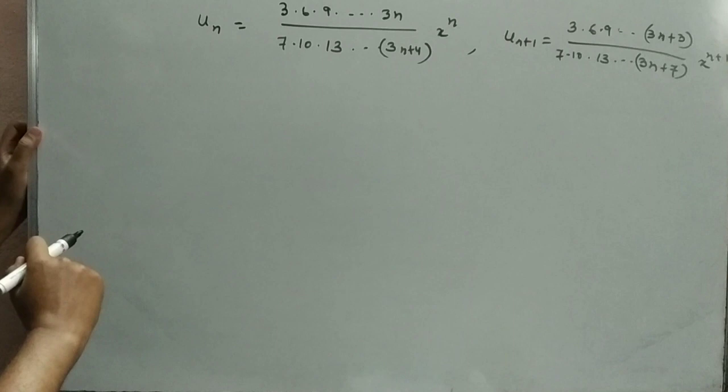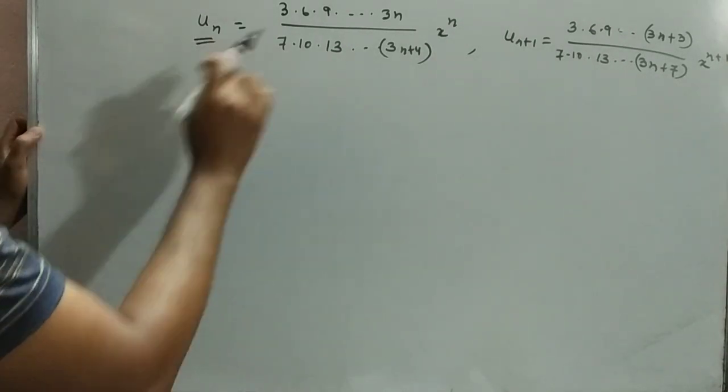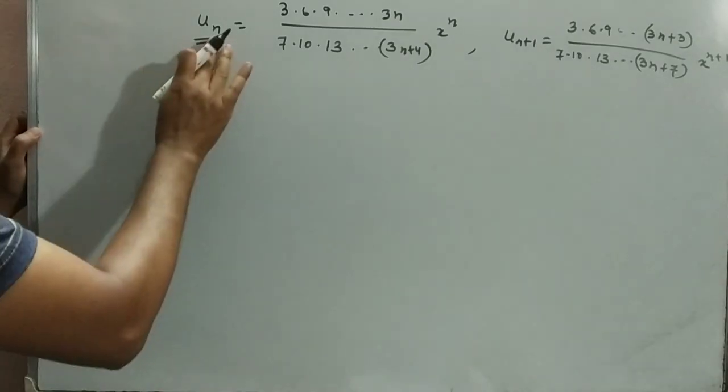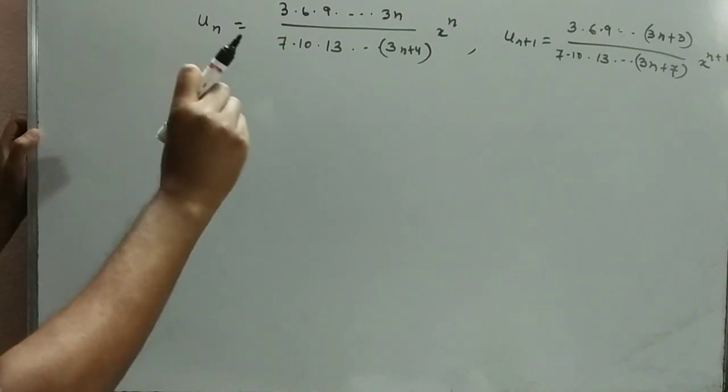From the series we can write the general term un equal to this and un plus 1 is equal to this. Now we test the series by D'Alembert ratio test.